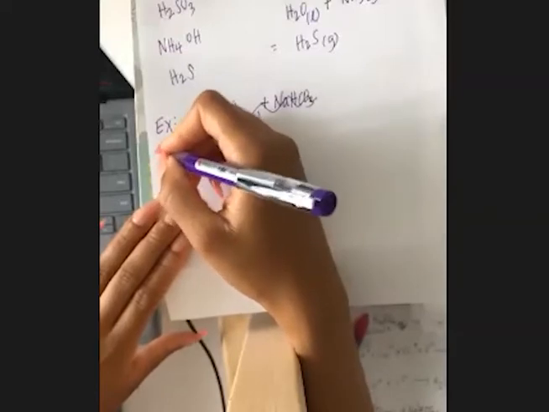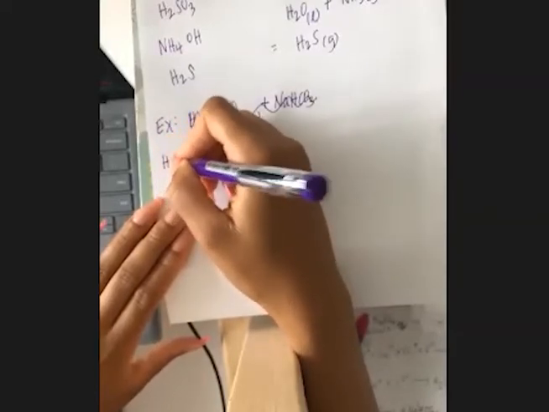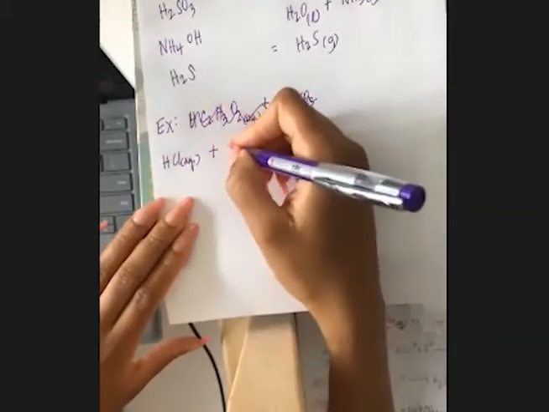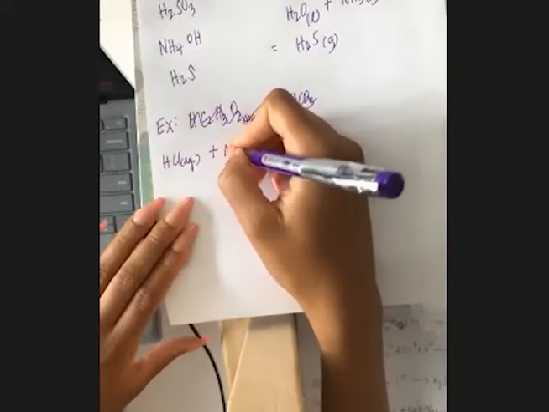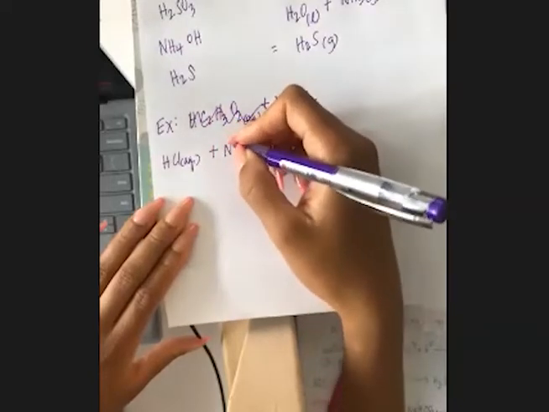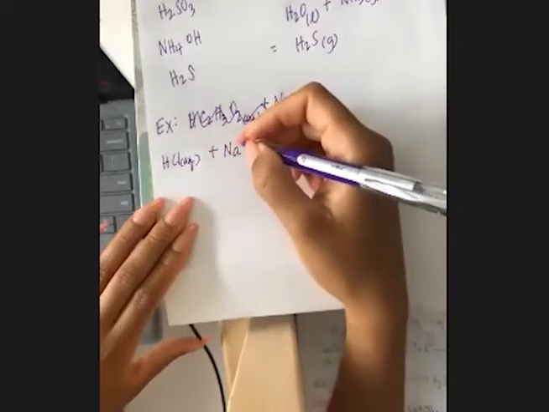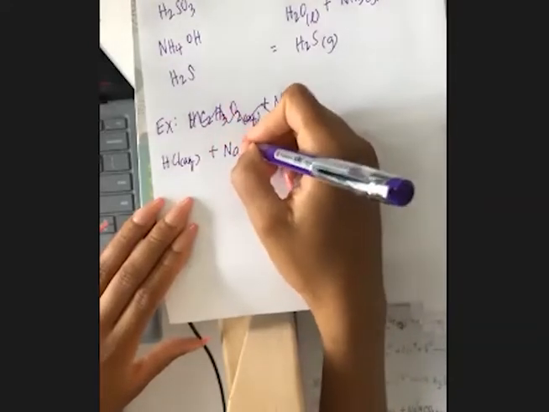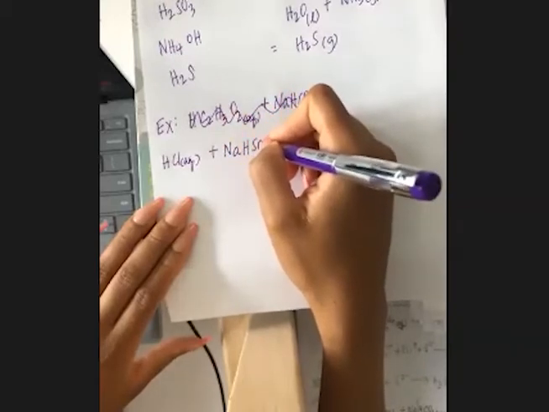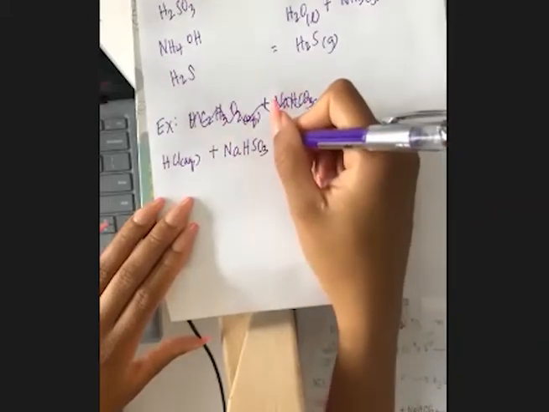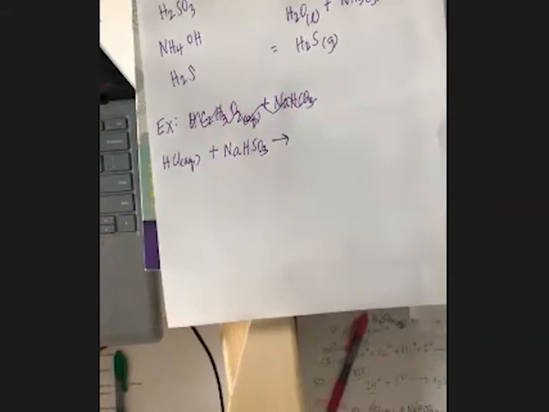Let's say we have hydrochloric acid, and we mix it with sodium bisulfite, NaHSO3. All right, let's say it looks like this.